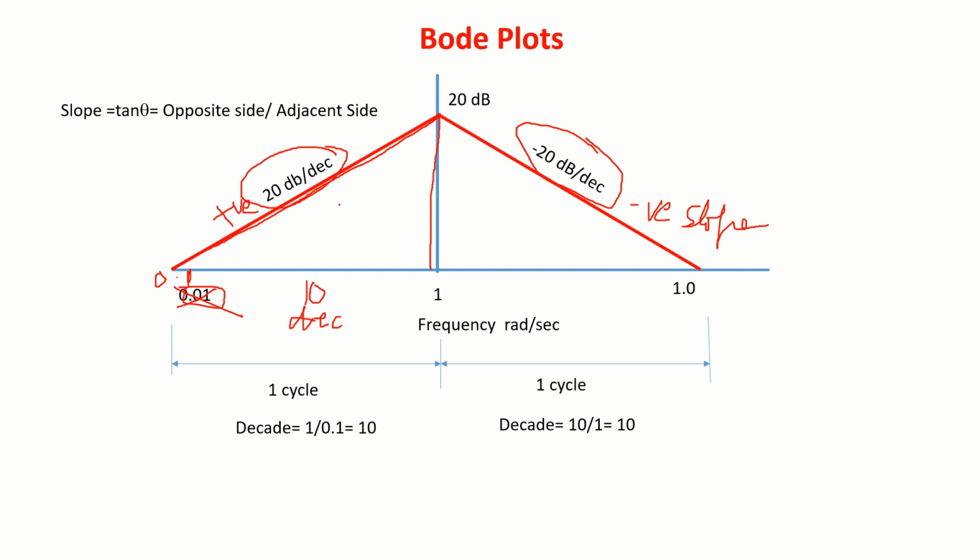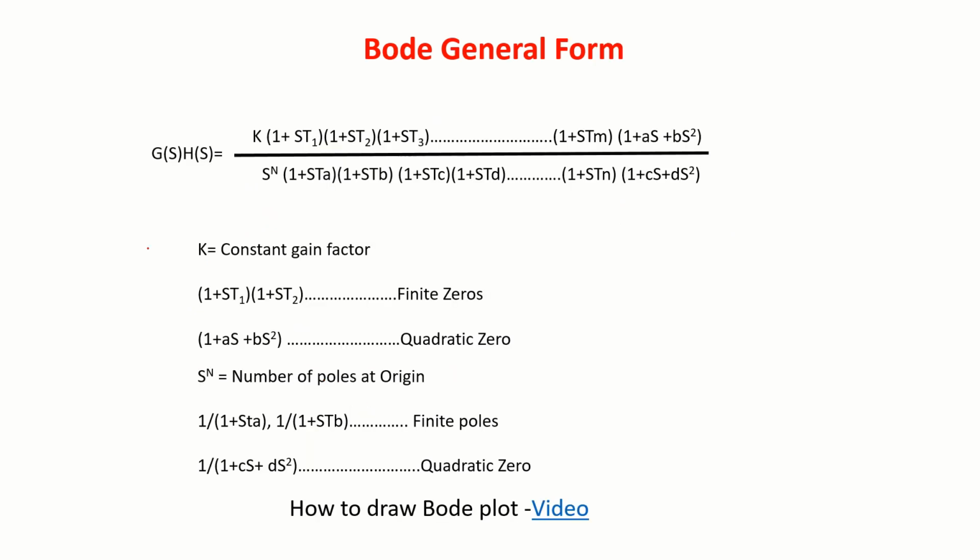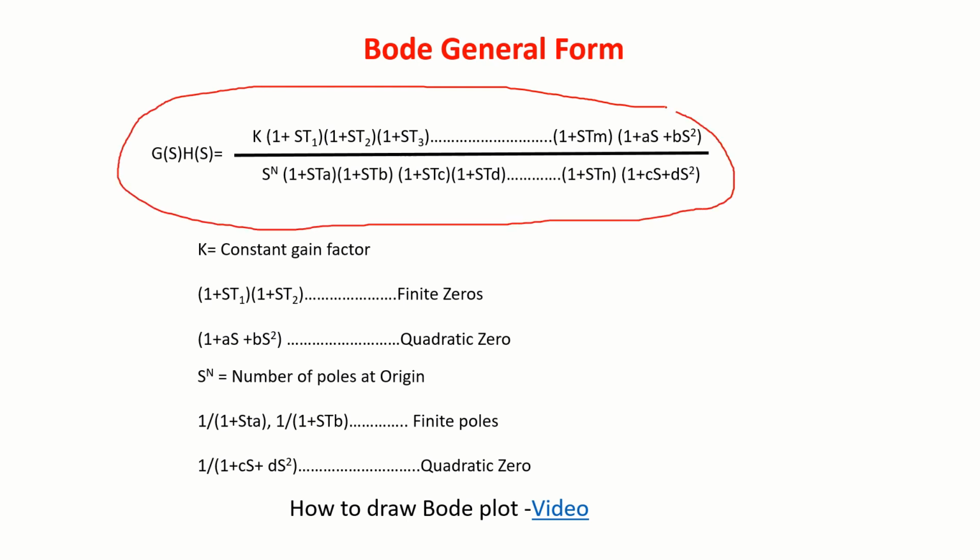So we express this slope in terms of decibels per decade. This is the form in which the open loop transfer function will be given for Bode plots. Always note that the open loop transfer function will be given to you.